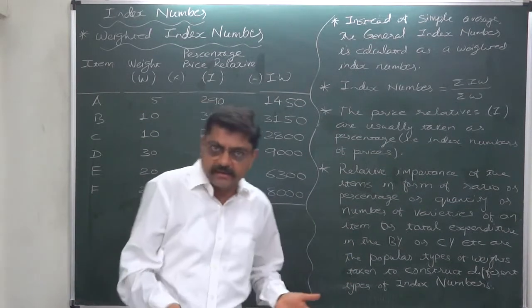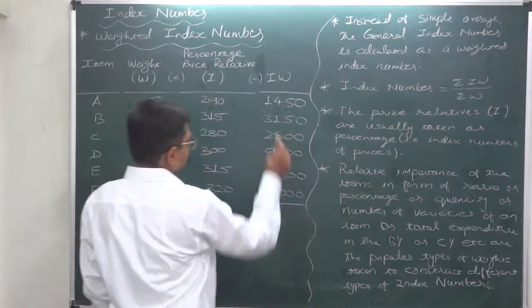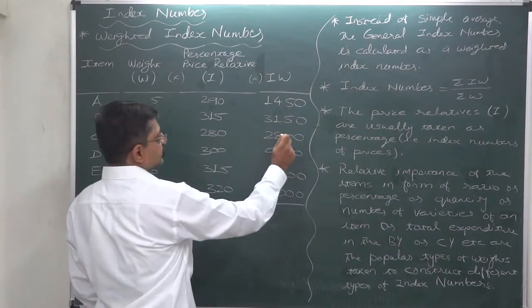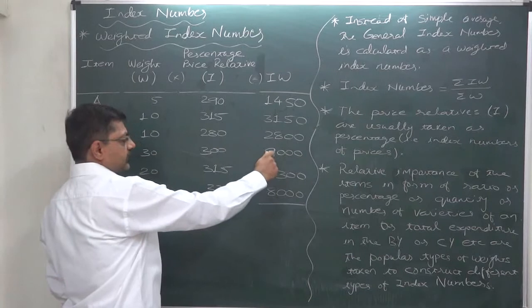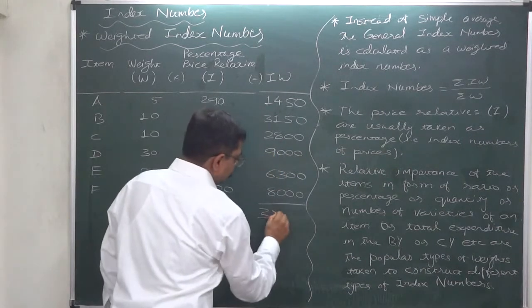Now the summation of all these comes to 4,600, 8,600, 7,400, 14,600, 22,700 and 30,700.